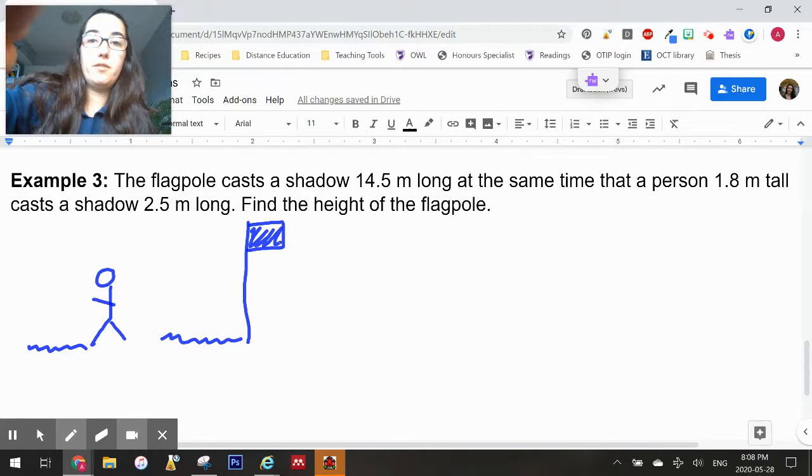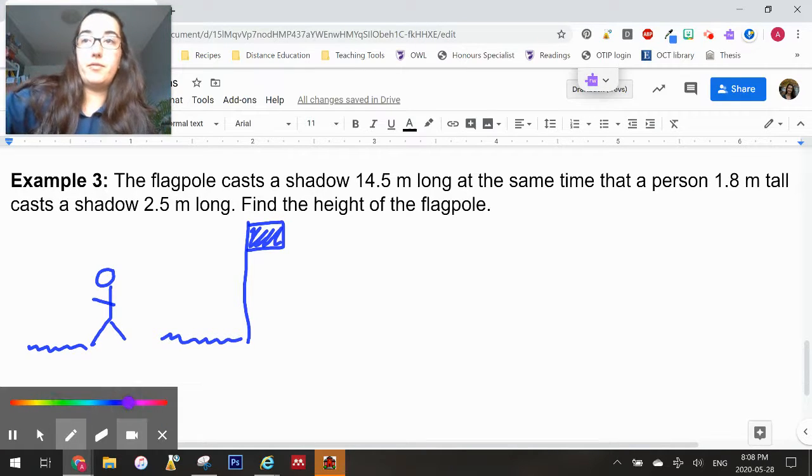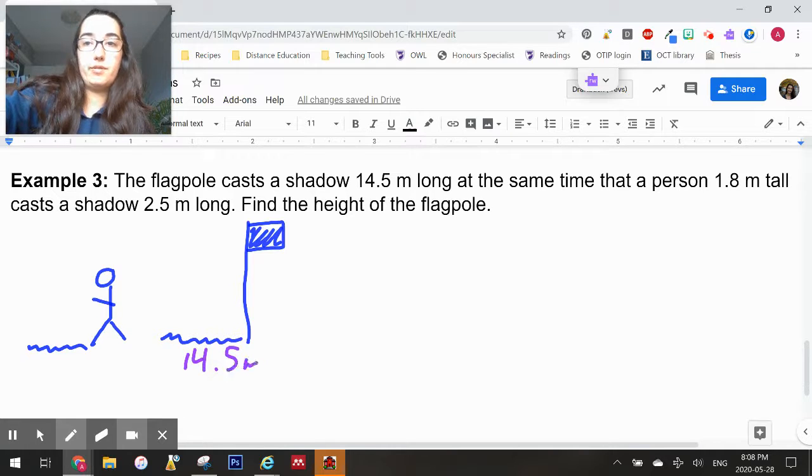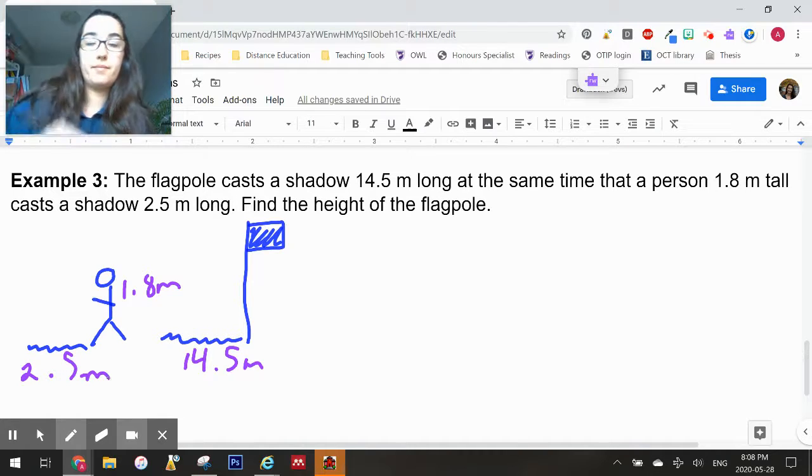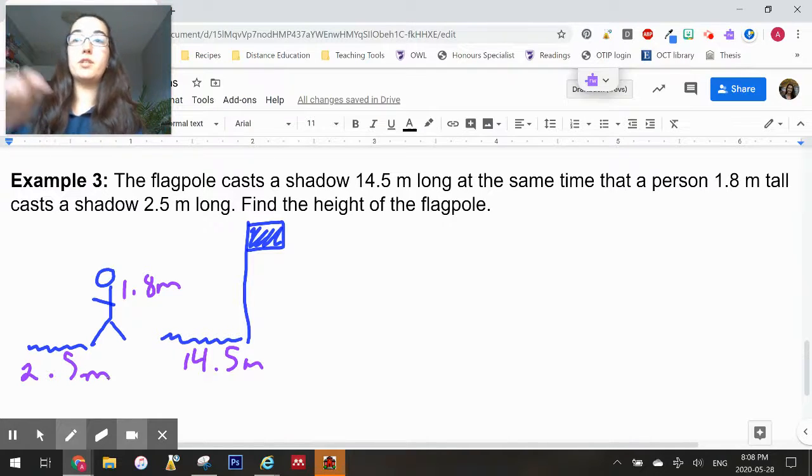We were given information that the flagpole's shadow is 14.5 meters long. We were also given that a person is 1.8 meters tall, and their shadow is 2.5 meters long. We are looking to find the height of the flagpole. That's pretty straightforward.